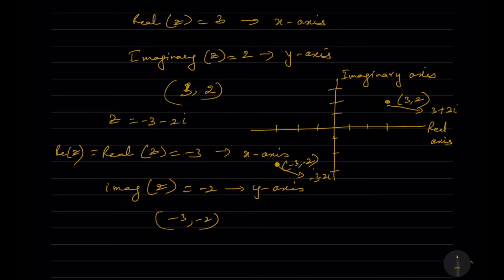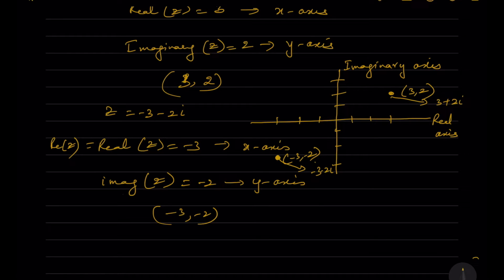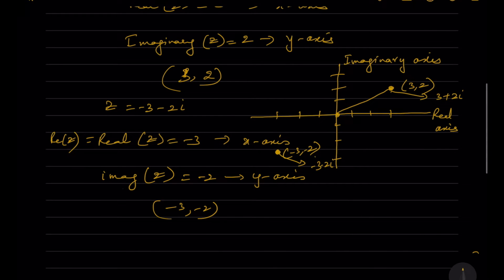So now let's go into how to find the polar representation. To find out the distance from the origin to this given point, that is for a complex number, whatever is the point given, how to find out this distance. So here we use the formula r is equal to root of x square plus y square.